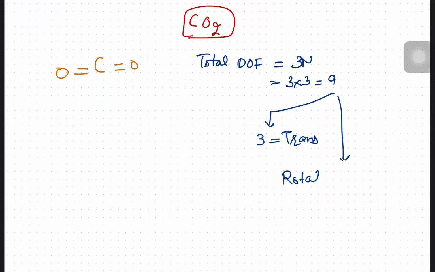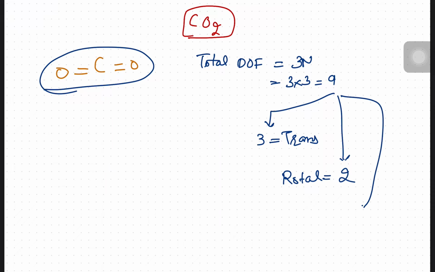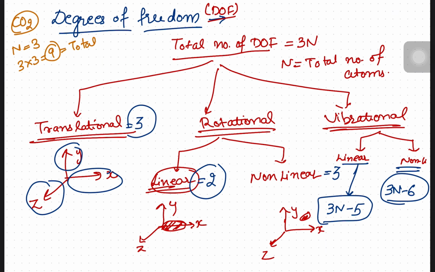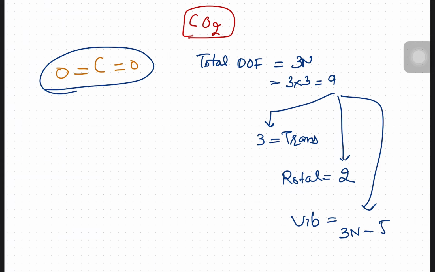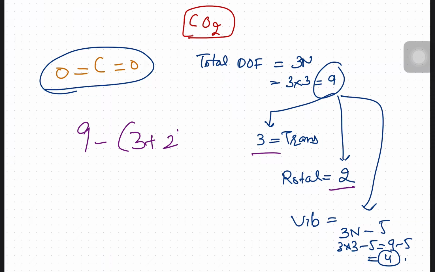For the rotation, I have told you it's a linear molecule, so rotation is fixed. So the vibrational degree of freedom is 3n minus 5 for the linear. So 3 into 3 minus 5, 9 minus 5, 4 will be the vibration. You can also do it like this: total 9 minus translational 3 plus rotational 2. So 9 minus 5 is equal to 4. Okay, I hope this is clear.